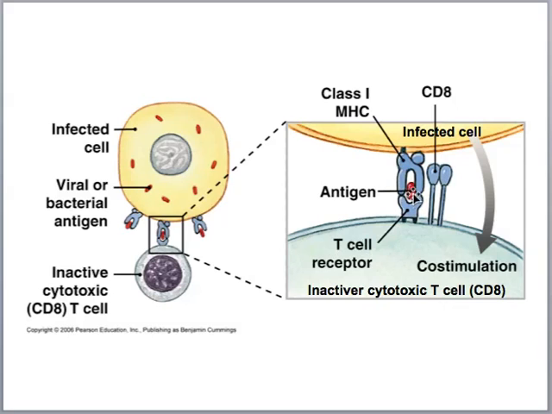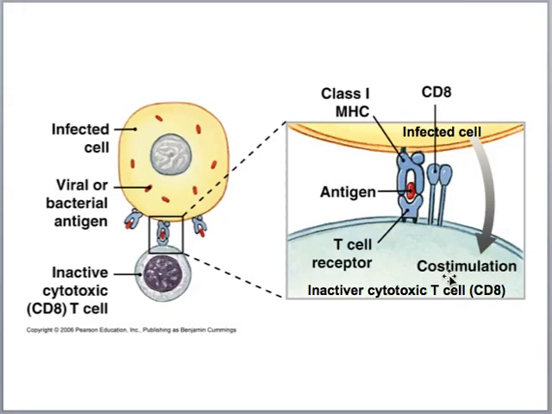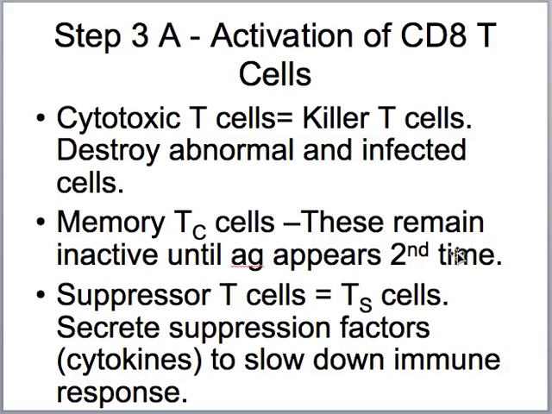He will bind to this antigen here because he's specific for this antigen. But before this will be activated, this infected cell will have to secrete some special chemicals, lymphokines or cytokines, to cause this co-stimulation to make sure that this should be happening.